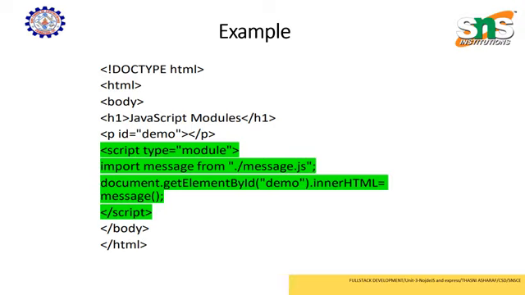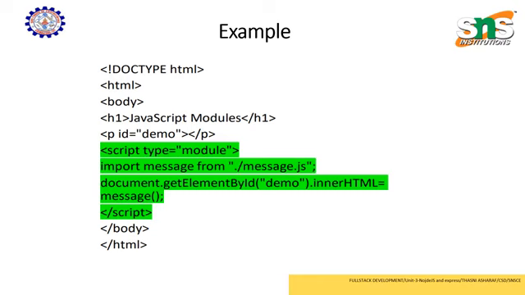For example, my heading will be JavaScript Module and my ID will be demo. We are calling this ID demo by getting the element, which is replaced with the innerHTML message. So that's how the module works.